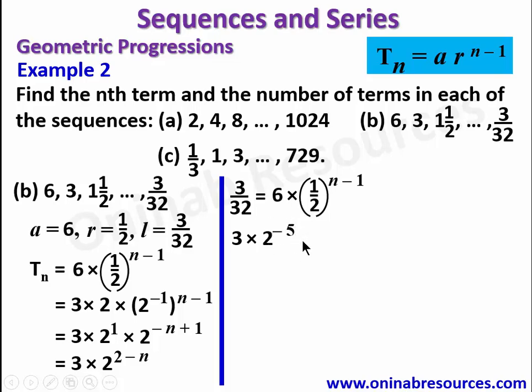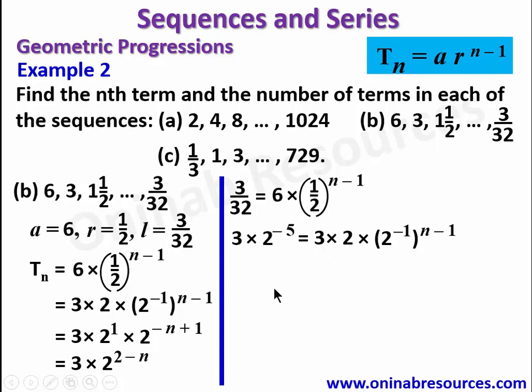Then also this will be 3 times 2, then times 2 raised to power negative 1 raised to power n minus 1. So you see that this 3 here, we cancel this 3.